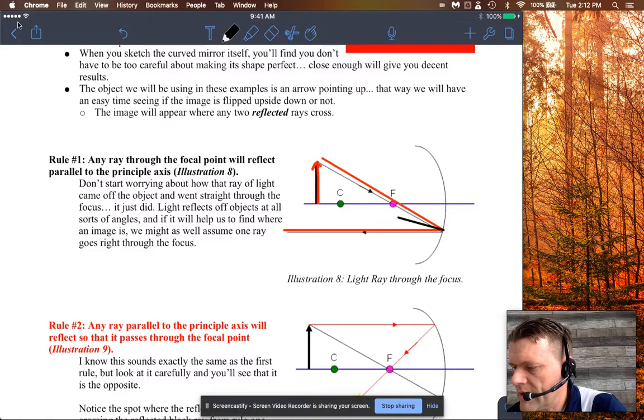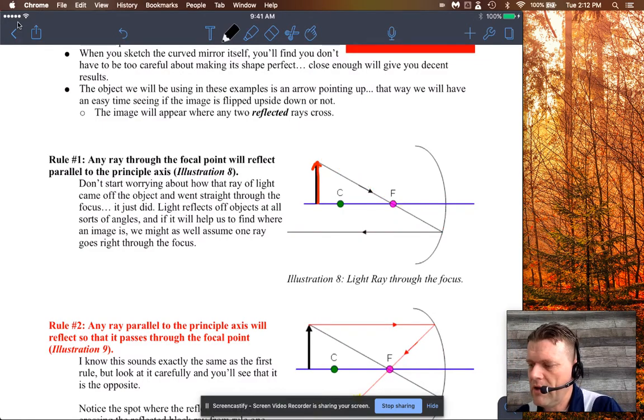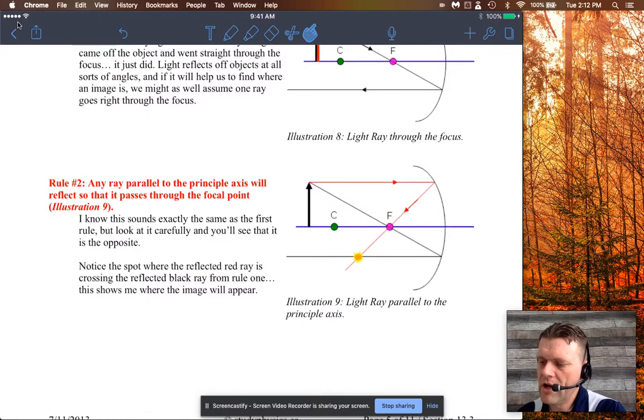Anyway, you kind of get the idea of how that's made. That's one ray that you can draw. The next one you can draw is any ray that's parallel to the principal axis. So you see that in red. It'll come and hit the mirror and then reflect through the focal length.